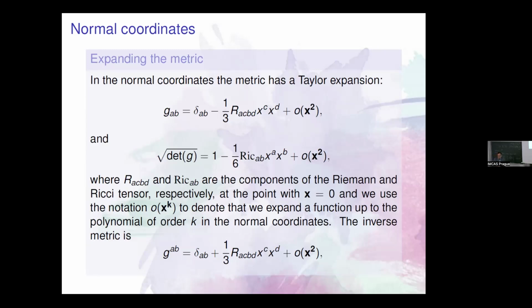That simply means, in other language, that the metric at this point in these coordinates is just the Kronecker delta, and the derivatives are given by the Riemann tensor. The same goes for the determinant, the covariant metric, the contravariant metric, everything can be written very nicely, and that makes the computations easier.